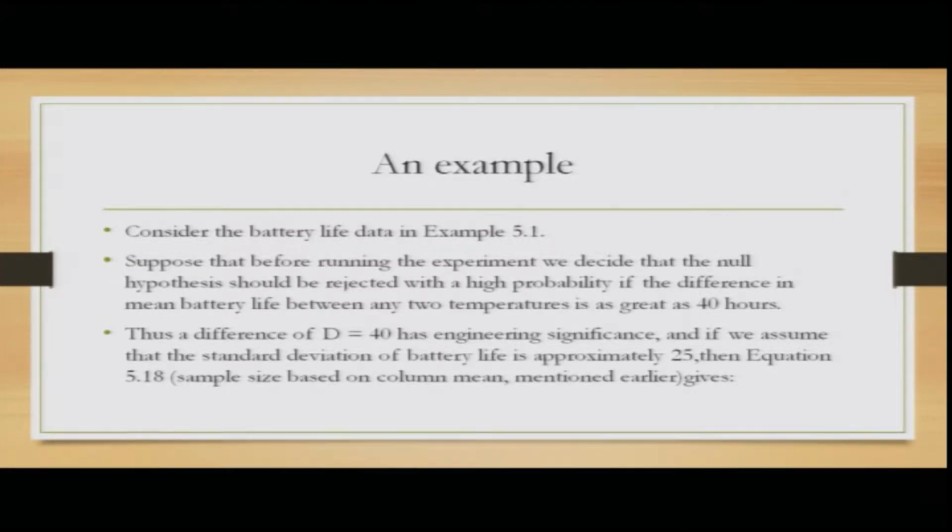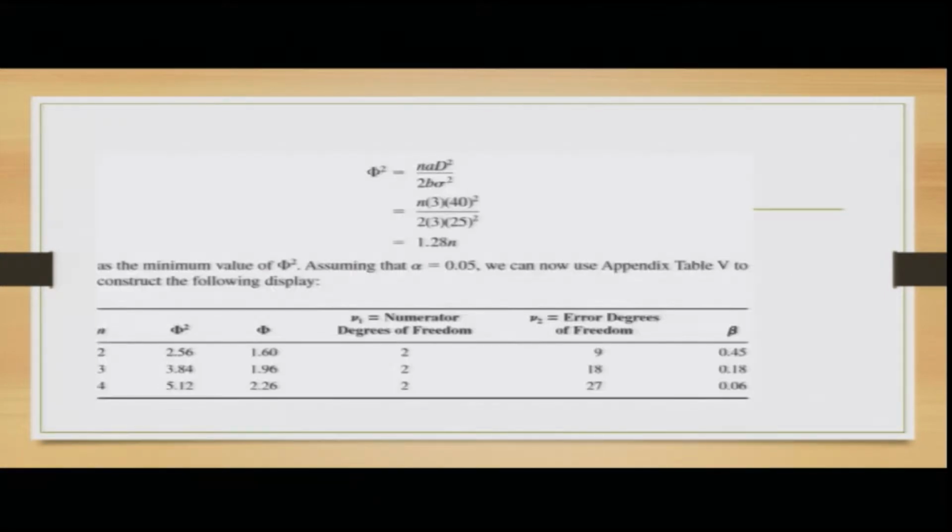Then the equation which we had considered about the sample size and the difference would be given with these values. Capital phi square was, if you remember, used when considering the errors coming from factor A, factor B, or from the combinations.